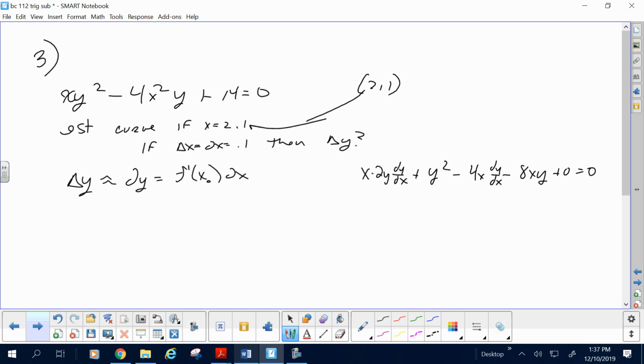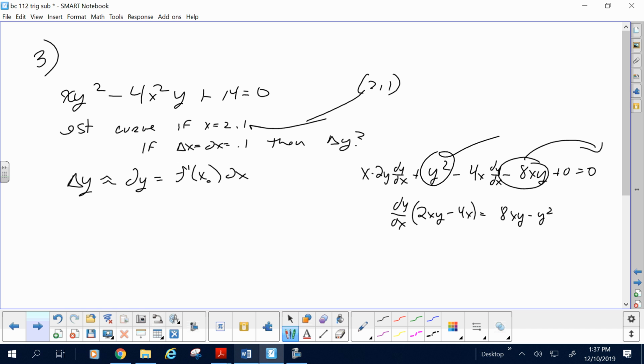I think I'm good there. Okay. So dy dx has factors of 2xy minus 4x, and the other stuff is 8xy minus y squared. If I take these over there, dy dx is 8xy minus y squared over 2xy minus 4x.